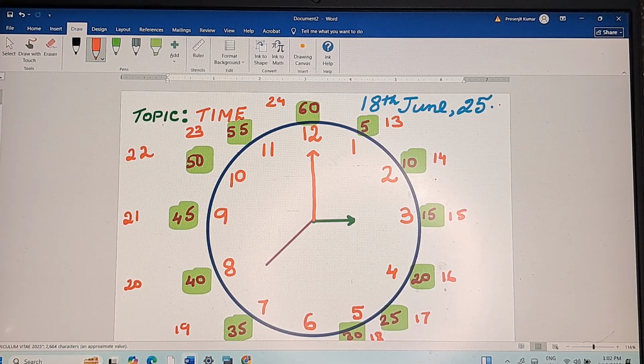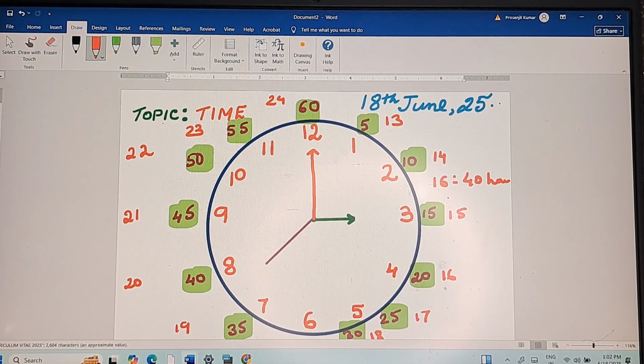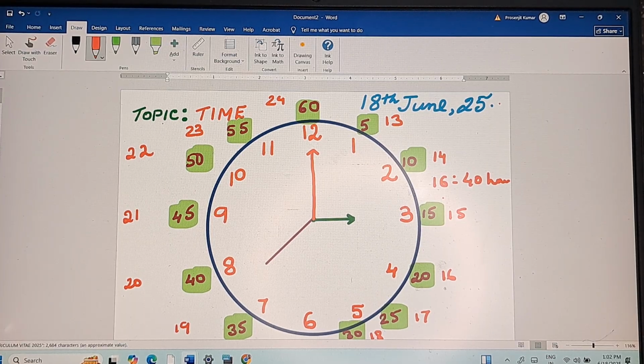So if the timing written over here is 1640 hours, what does it represent? 1640 hours represents 4:40 PM in the evening.